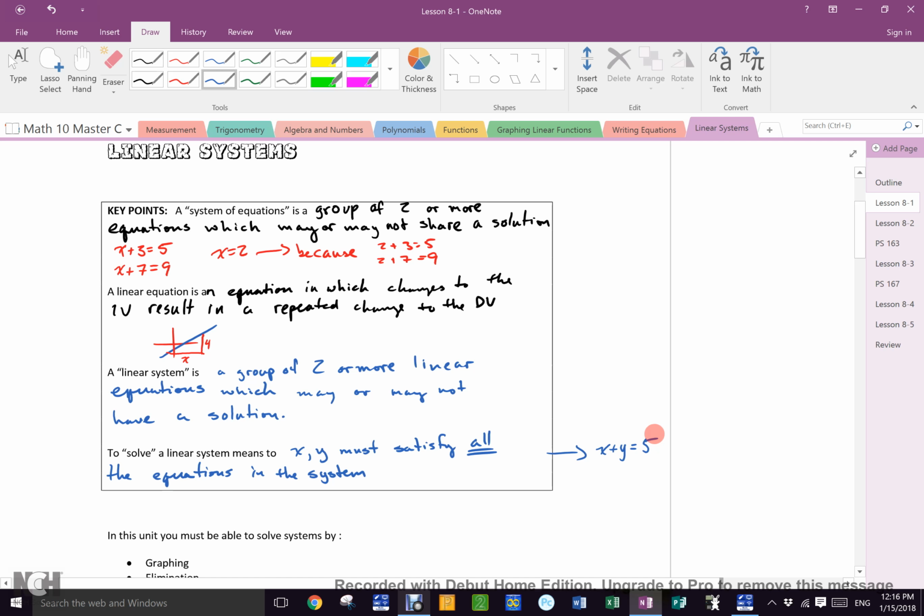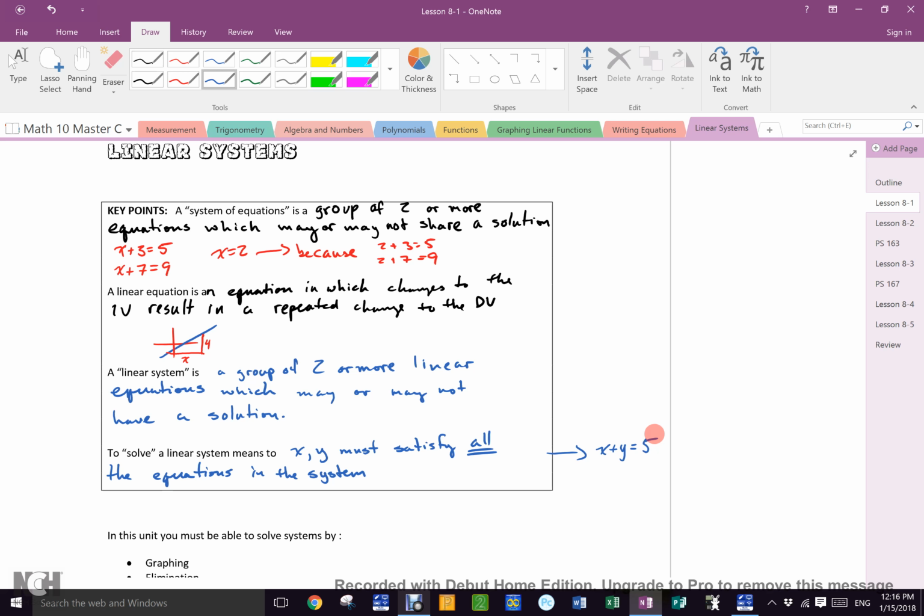What are some values I could put there? 2 and 3, 3 and 2, 1 and 4, 4 and 1, 5 and 0, 0 and 5, -8, +13, a million of them, yeah? Everybody cool? Everybody understands that those are solutions for this, right?